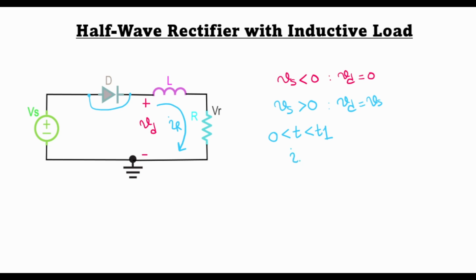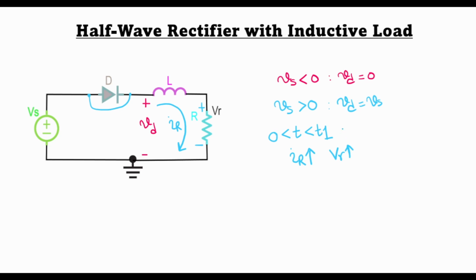So within this time duration, IR will be increasing, and since the voltage across the resistor VR is given simply by R times IR, the voltage VR will also be increasing.